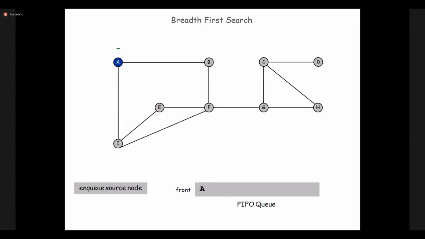It is BFS, so we have to go level by level, which means adjacent by adjacent. First, we will visit the adjacent vertices of that particular node and then we will visit the next. I inserted A into the queue, then I want to visit the adjacent ones.